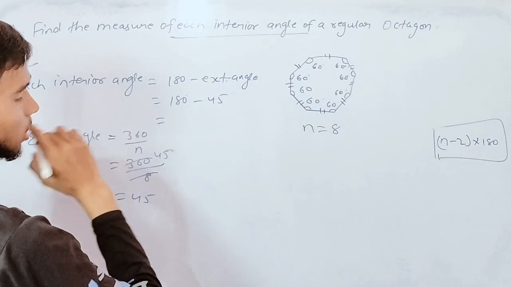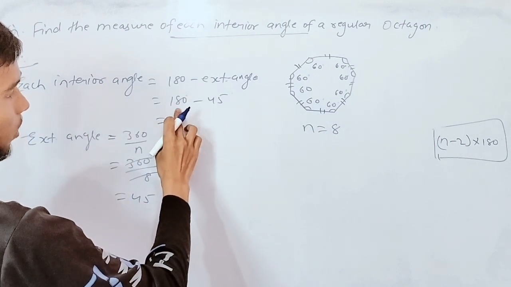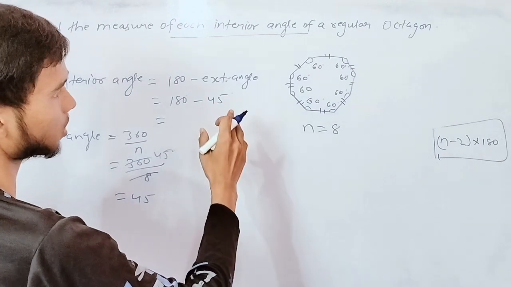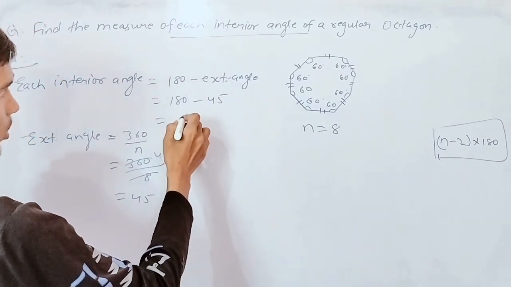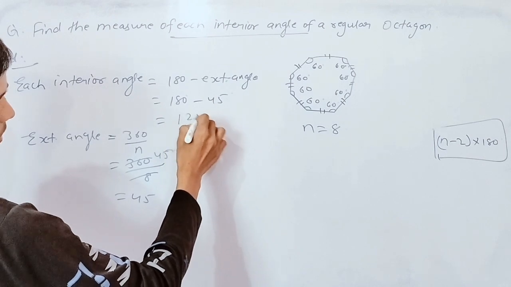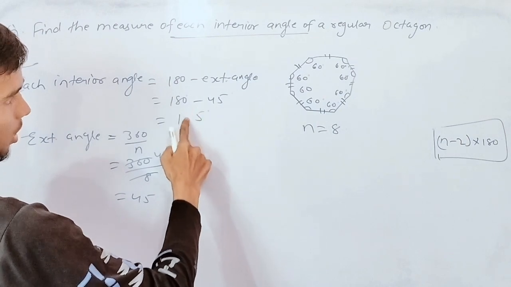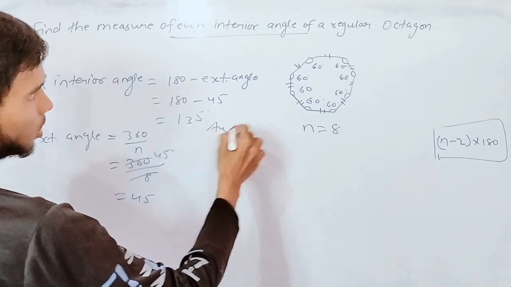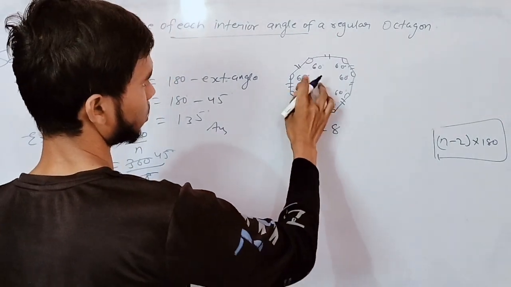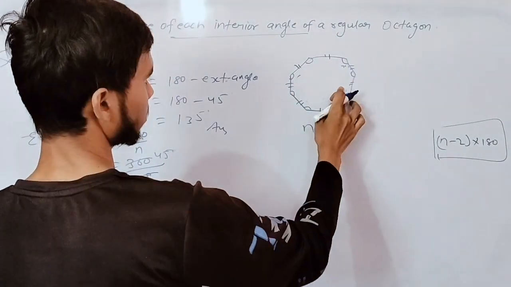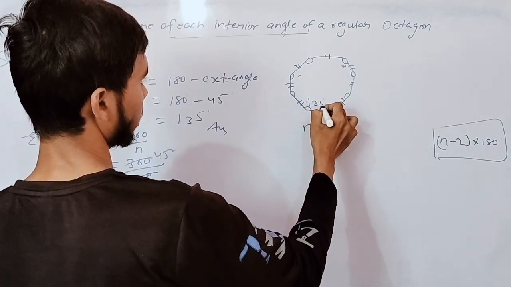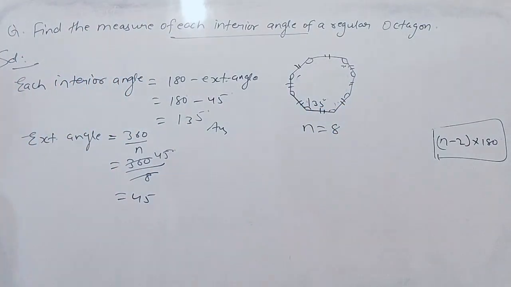So here we are subtracting 180 minus the angle, 45. So 135. This is 135.